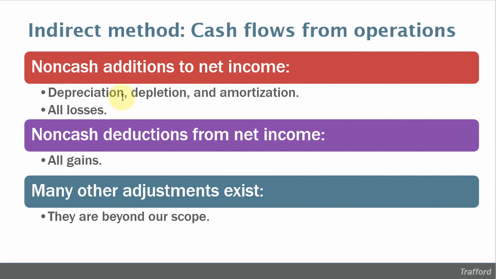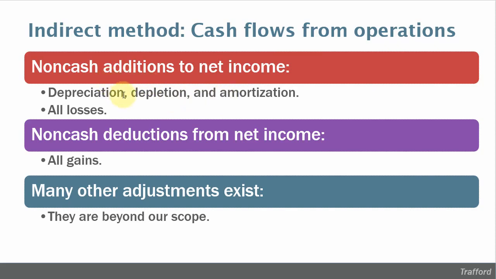Since it reduces net income, but it doesn't have a corresponding impact on cash flows, we add it back to net income to take that effect away. Adding it back to net income doesn't mean it's generating cash flows at all. We're just zeroing out the impact. So we're trying to show what net income would have been if we'd have never taken depreciation expense in the first place. We'll talk later about depletion and amortization.